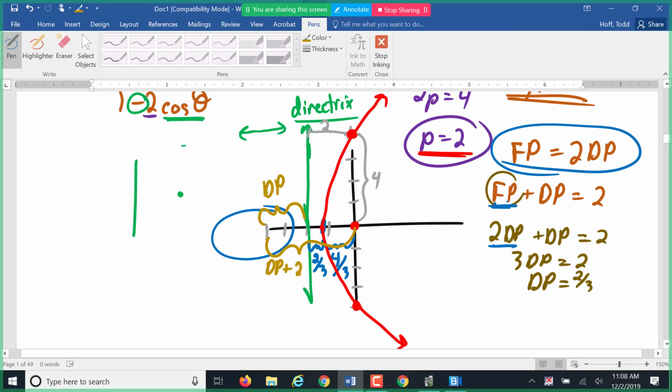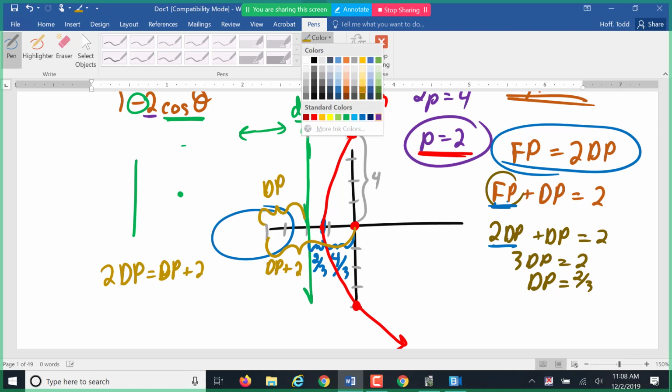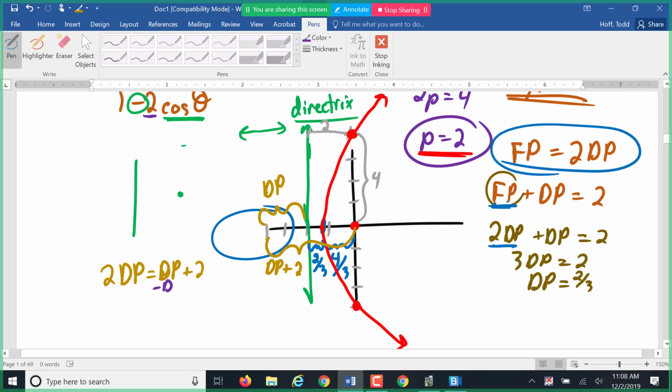But that also has to be 2 times dp. So 2 times dp has to equal dp plus 2. So I solve that, I subtract for dp, I get that dp equals 2. So this from the directrix over to here has to be 2 units.